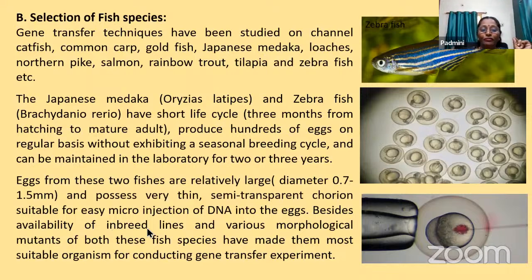Besides, availability of the inbred lines and various morphological mutants of both these fishes have made them the most suitable organisms for conducting gene transfer experiments. You can see over here very clearly how the eggs are so transparent that you can see the growth inside, how well they are going to grow.